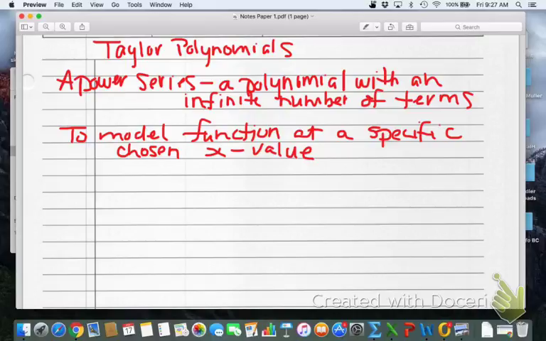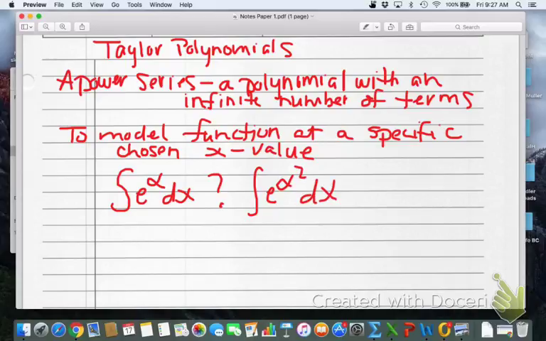Let's just say the two guys that developed it, Brook Taylor and Colin Maclaurin, they were able to integrate simple functions, e to the x dx. That was easy. But the question came, how do you integrate something like e to the x squared dx?